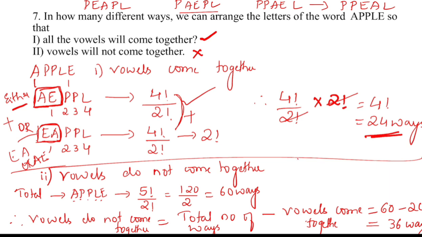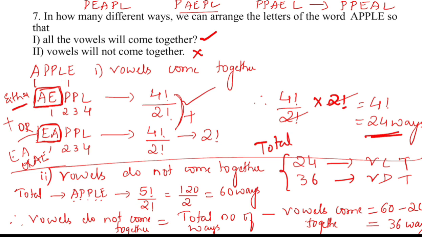That is, 24 ways vowels come together and 36 ways vowels do not come together, and in total these are the ways in which apple can be arranged.